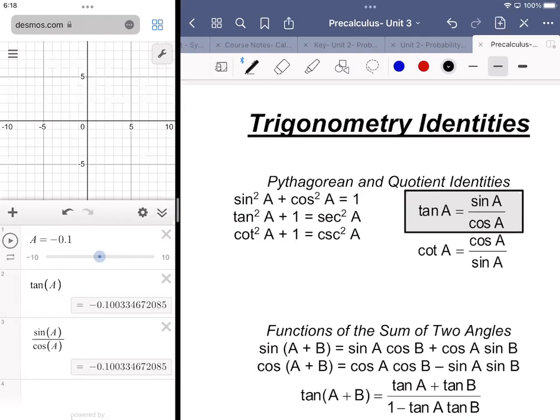So you're in Calc 1, Calc 2, it comes up big in Calc 2, the trig identities. You'll use them plenty in Calc 1, but you'll really use them for a good chunk of the semester in Calc 2. So it's a big deal.